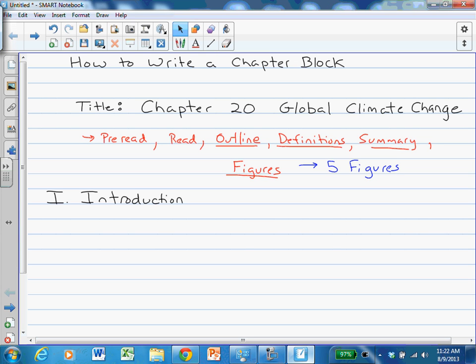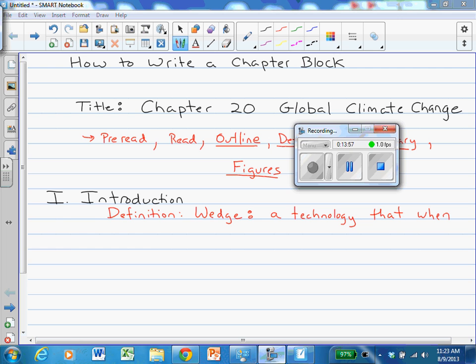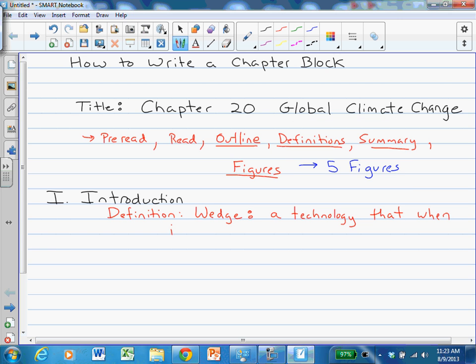So with those underlining things, I'm now ready to do my definitions part. I just have one, which is a wedge. And a technology that when implemented and upscaled.